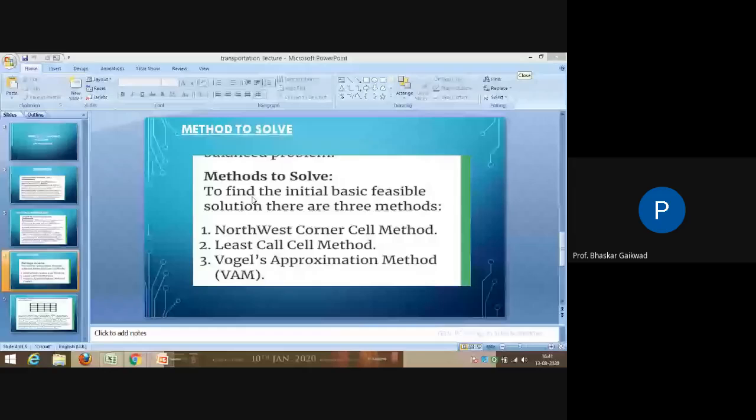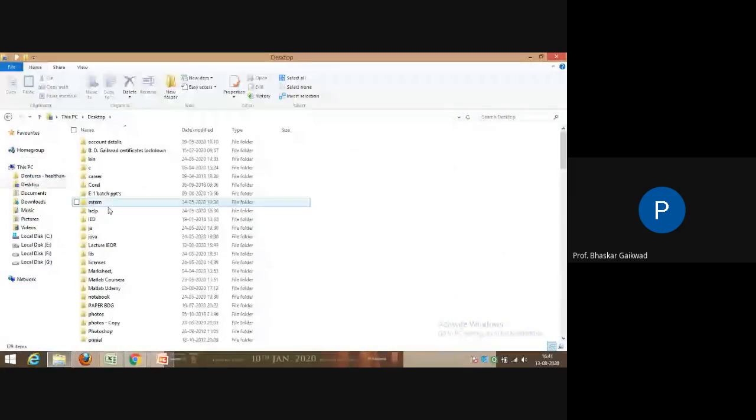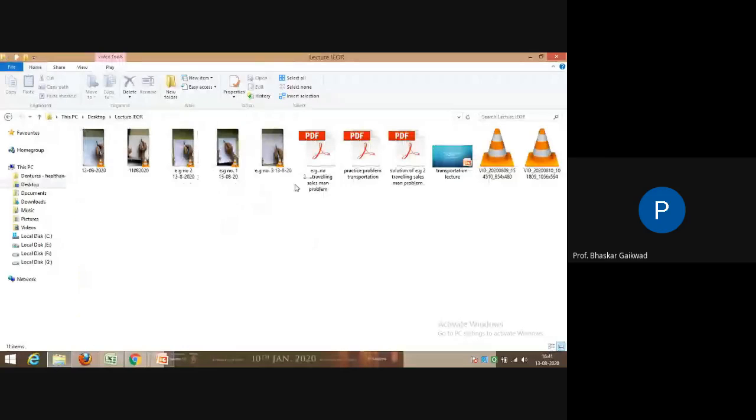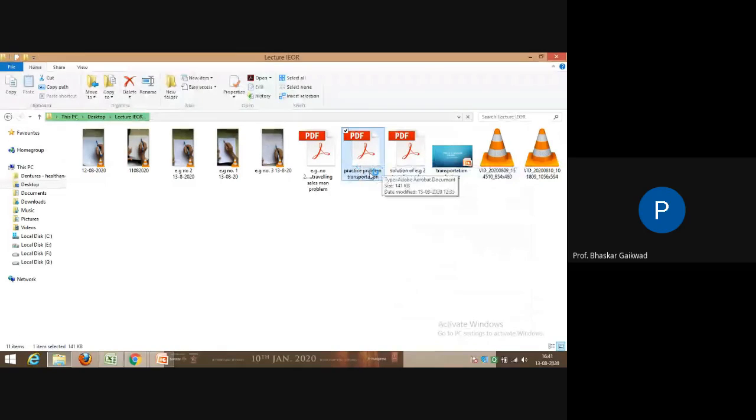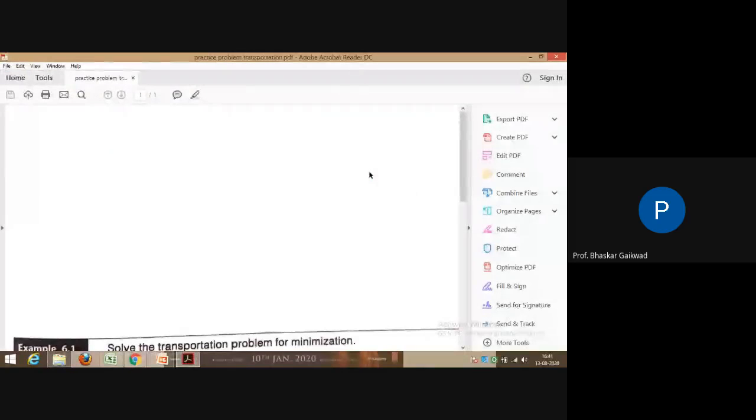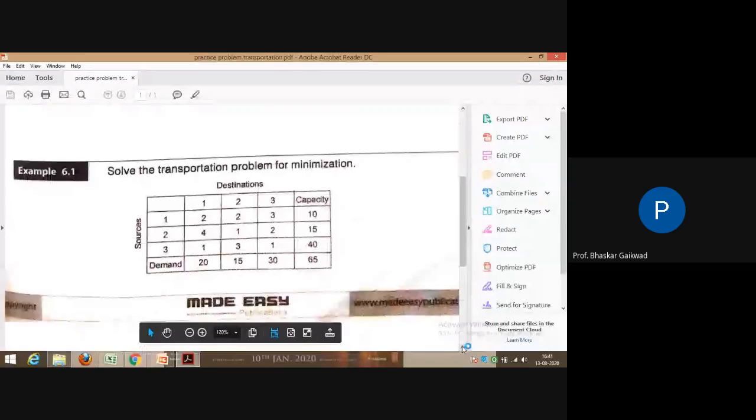Now we have to solve the problems. Okay, so this is a problem from Made Easy related to our GATE exams.